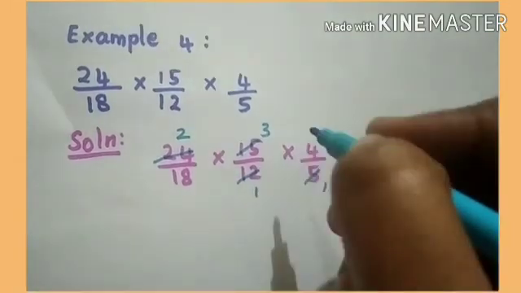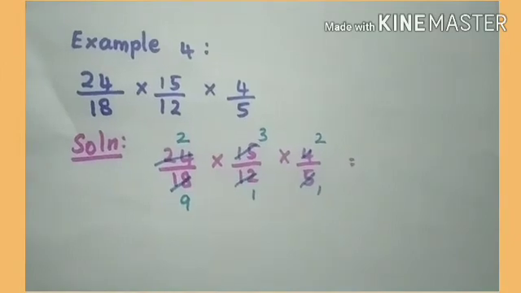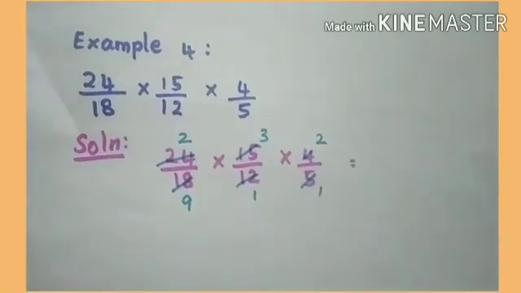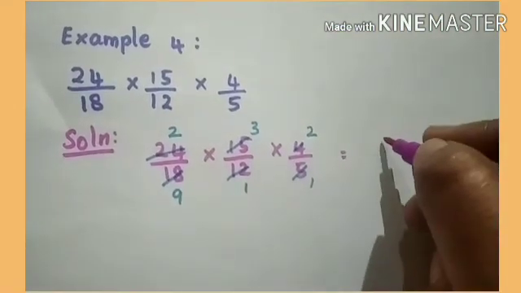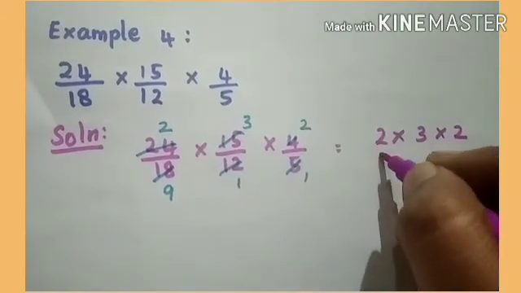And also 4 and 18 have the common factor which is 2. 2 twos are 4, 9 twos are 18. Now write the numbers in the numerator separately, then write the numbers in the denominator separately, that is 2 into 3 into 2 divided by 9 into 1 into 1.